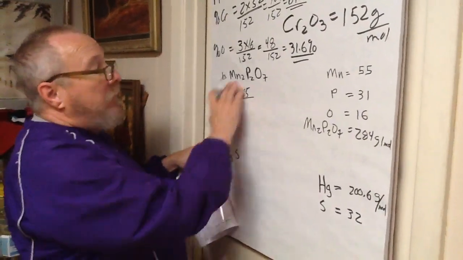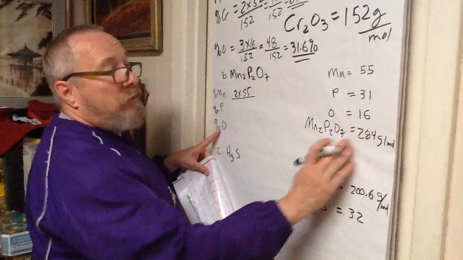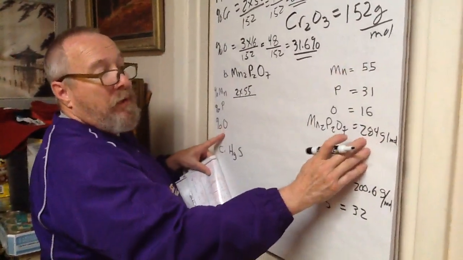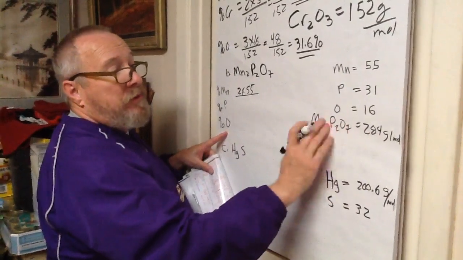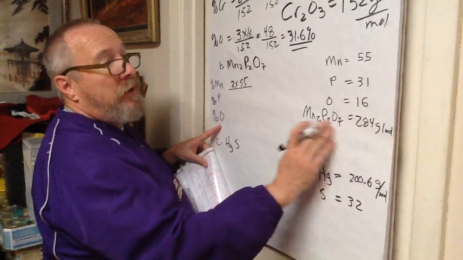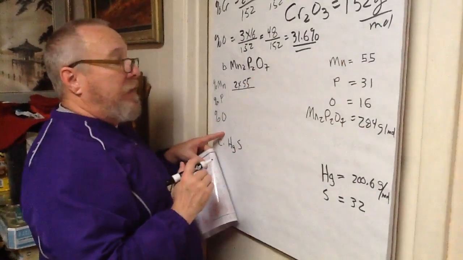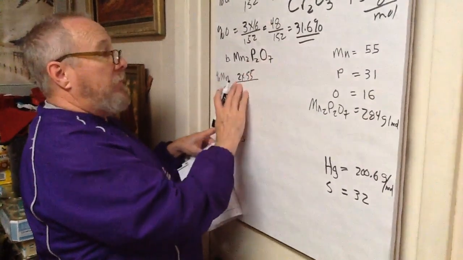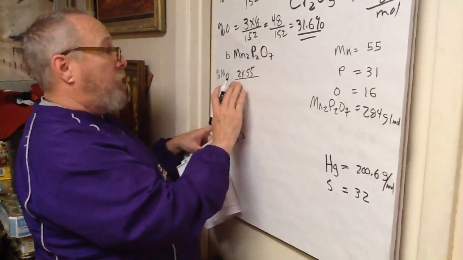And so, in this compound, with a total mass of 284 grams per mole, for every mole of this compound, which would weigh 284 grams, 110 grams of that is manganese, which is a metal with some value and some unique properties.